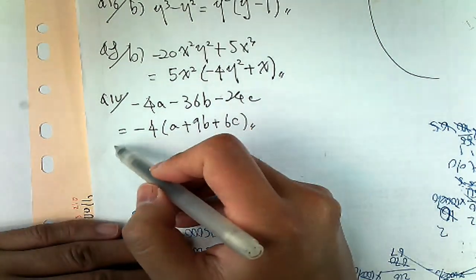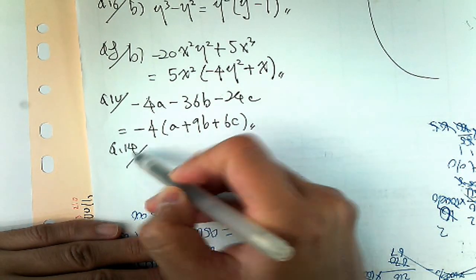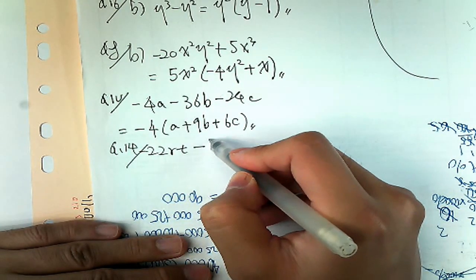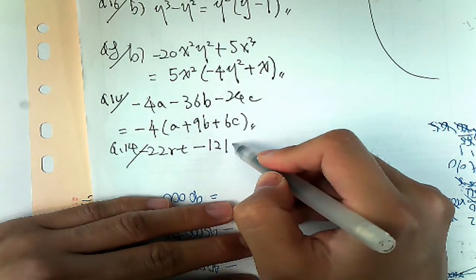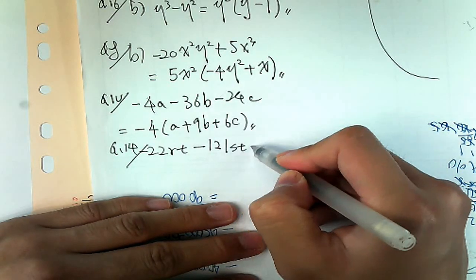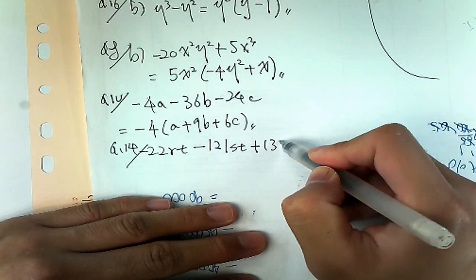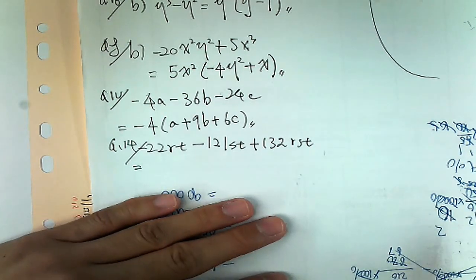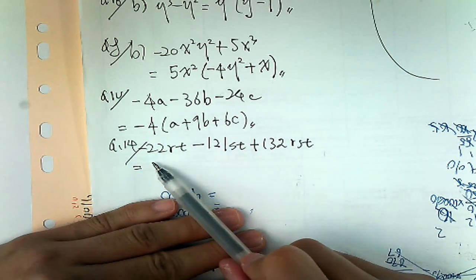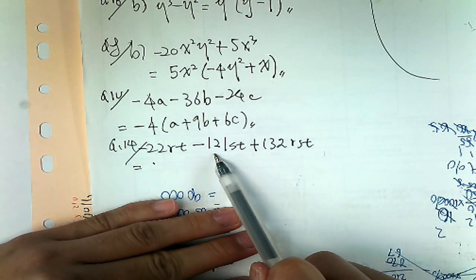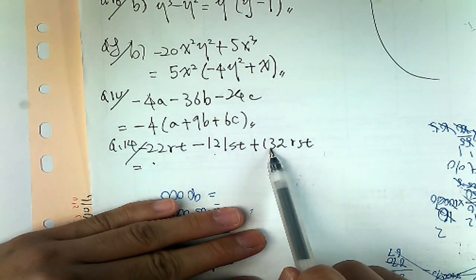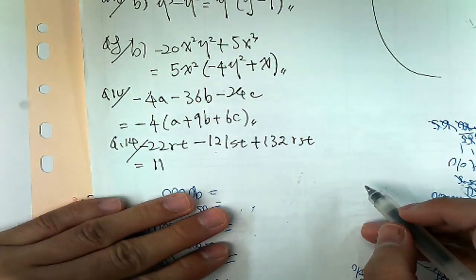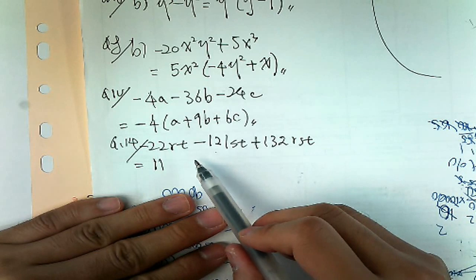So I'll jump a little bit, go to 14: minus 22rt minus 121st plus 132rst. Look at the numbers first: 22, 121, 132. You can pull out 11. And then look at the unknowns.